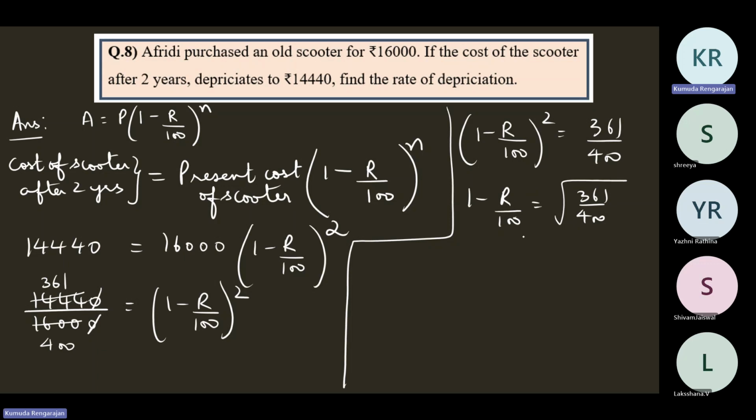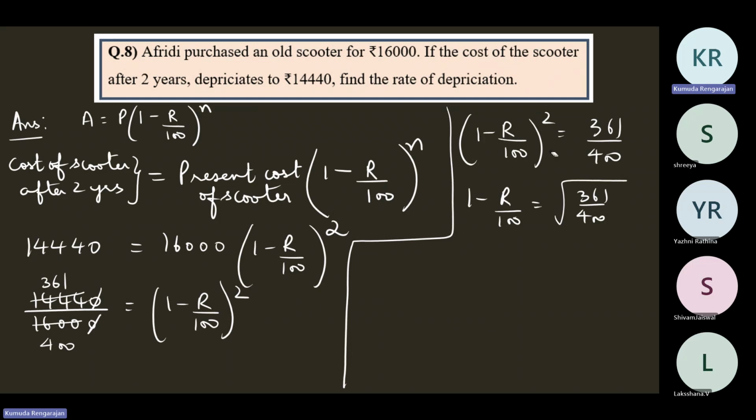So like a square is equal to 100, a is equal to square root of 100. In the same way, 1 minus r by 100, the whole square is 361 by 400. So 1 minus r by 100 is equal to the square root of it.